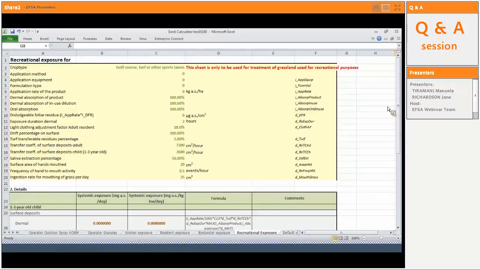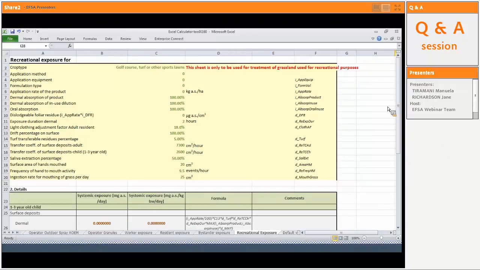For this reason, we put a password protection on it, so that if you use that summary sheet, we'll know which values have been used to make those predictions for exposure. But we have the guidance document and the calculator, which is primarily to support the use of the guidance document. When you're familiar with the calculations, other tools could be developed.